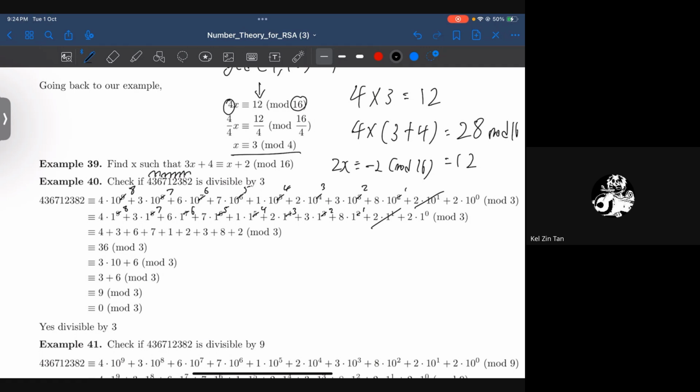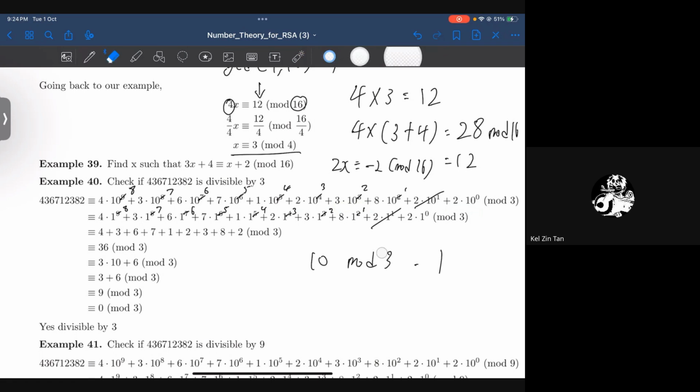So you see, 2 is basically 2 multiplied by 10 to the power of 0, which is 1. And then 8 is basically 8 multiplied by 10 to the power of 1. 3 is 10 to the power of 2, and so on. But then we know that 10 modulo 3 is equal to 1.